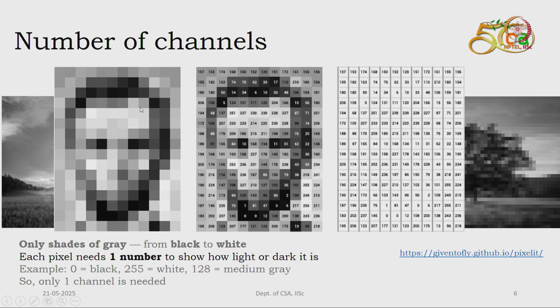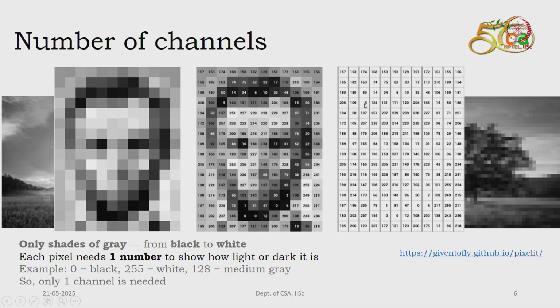If you assume this is a grayscale image, you see every pixel you are taking: this pixel has the number 157, and this particular pixel has the value 5. Why the value 5? Because black is represented with the value 0.